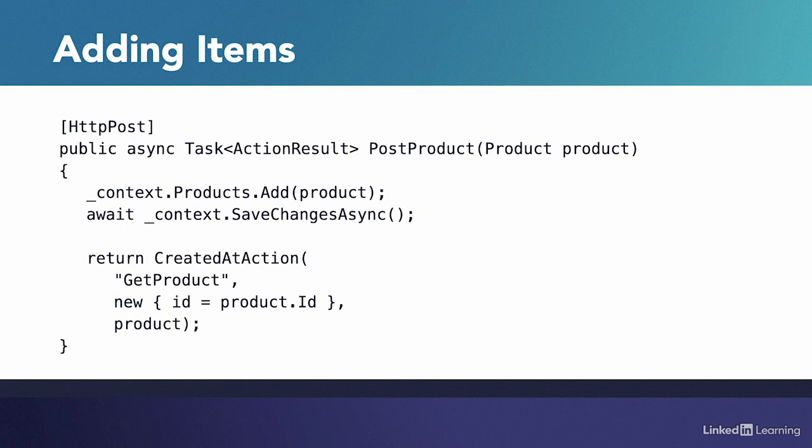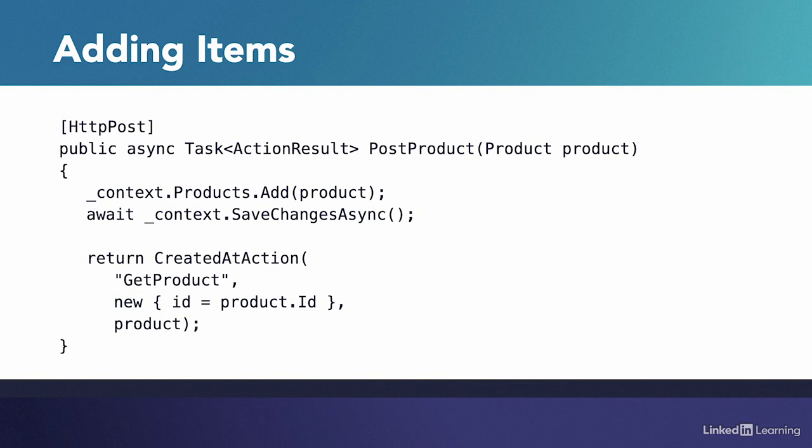So that's getProduct. And that getProduct call expects an ID. Remember, usually that's part of the route. So in the second argument to the CreatedAtAction method call, we are providing an anonymous object where we set the ID to the ID of the product that was just stored in the database. Well, and the third argument is the product itself.